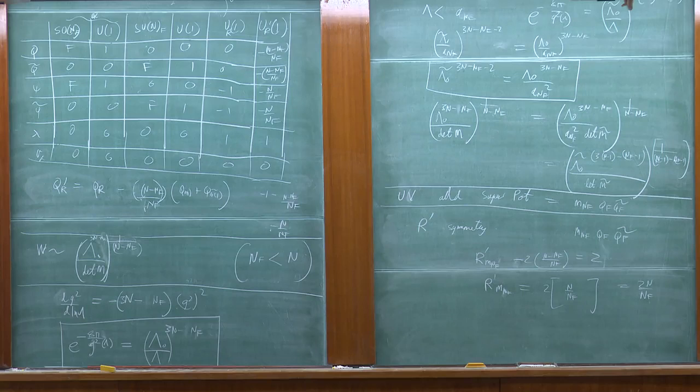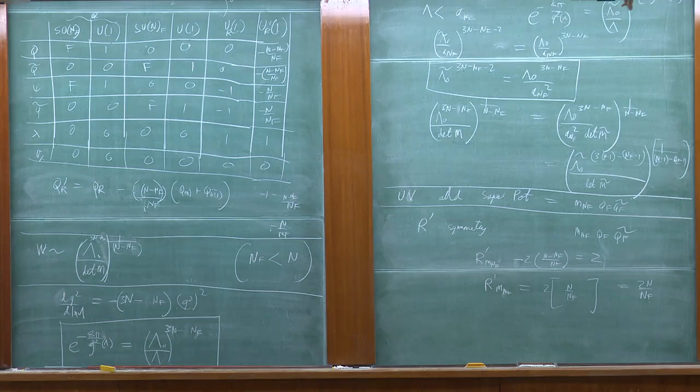MNF will be transforming under the bifundamental, right? If we want to preserve the SU(NF), I'm not thinking that way. I'm only going to preserve the U(1) R symmetry, R prime symmetry. I'm breaking the SU(NF) down to SU(NF minus 1).